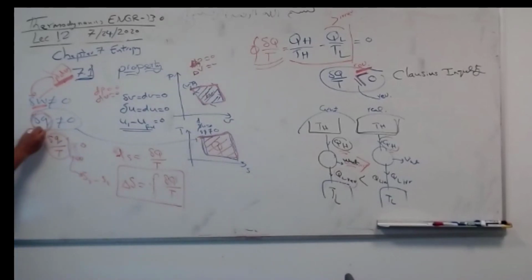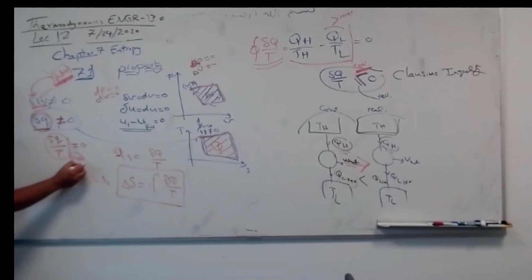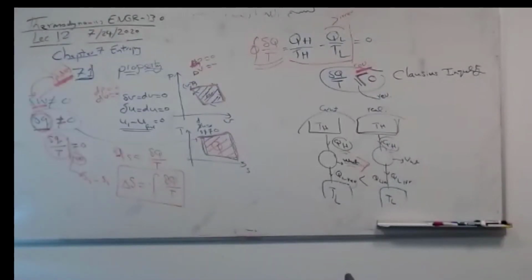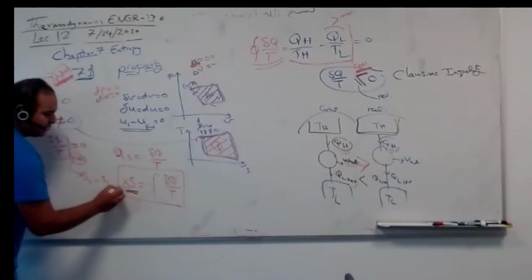So delta Q does not reach 0. That's 100% correct. But dQ over T should go to 0 if it's reversible. And we call it entropy. So always dS equals this. The most famous delta S, guys, is what?